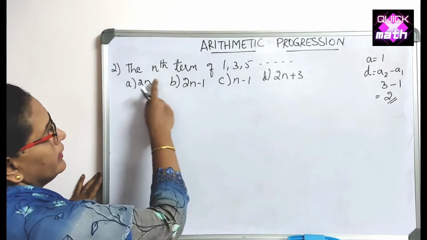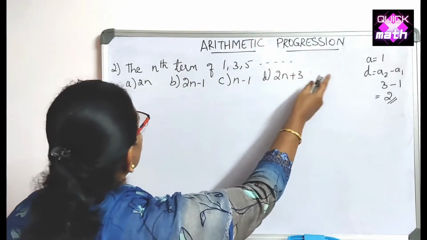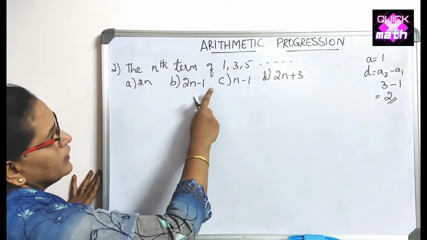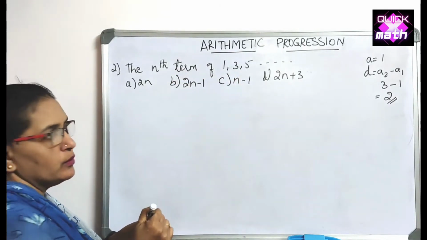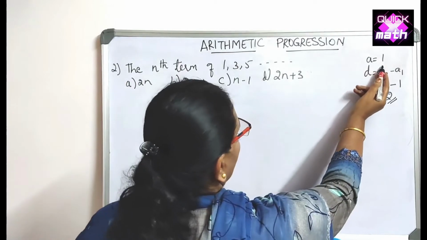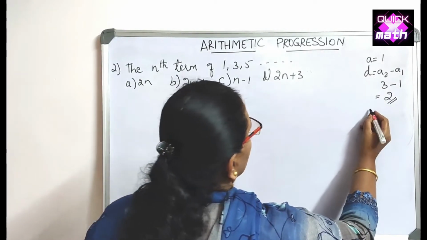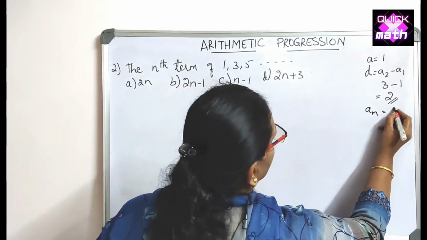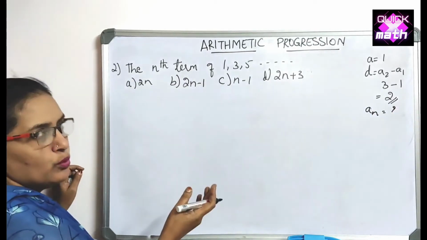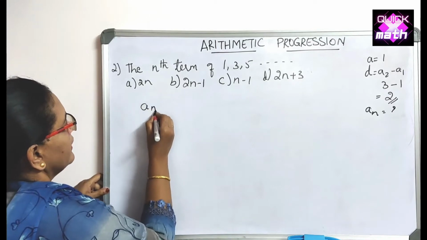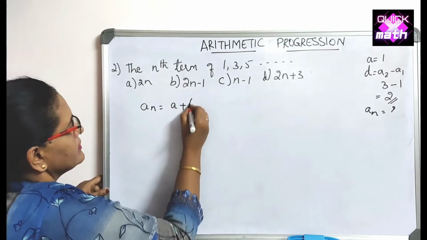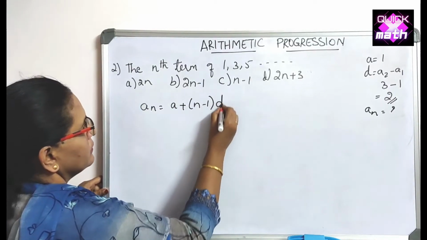The next question, the nth term of 1, 3, 5 is dash dash dash. You have to find out the nth term. That means the sequence is given. You have to find out the nth term. So we know a, we know d, and we have to find out the nth term. So directly you know from the formula list what is the nth term formula. That is an is equal to a plus n minus 1 into d.